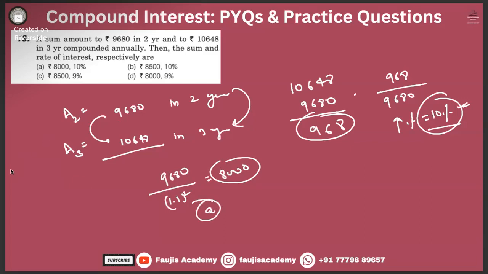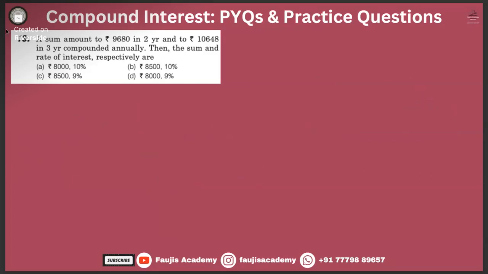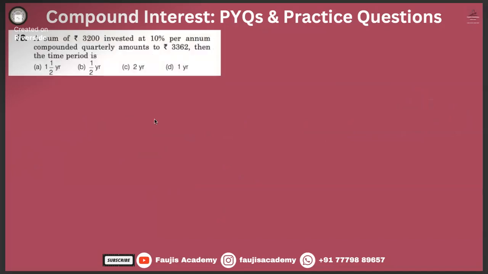Shall we move in that case? Without using pen and paper, tell me what is the answer. 3200 at 10% per annum compounded quarterly amounts to 3362. So how much was the interest? 162.